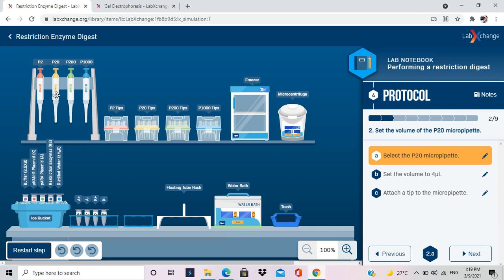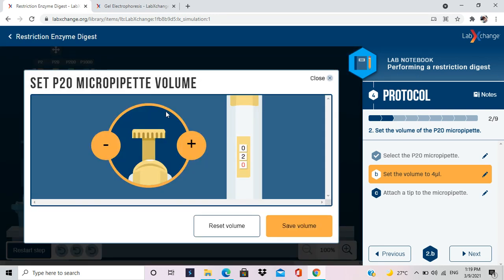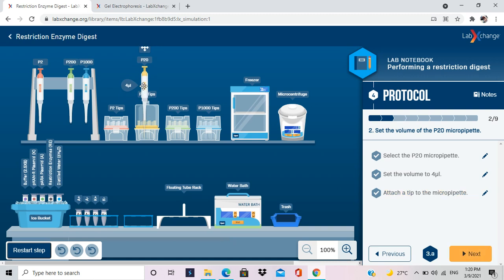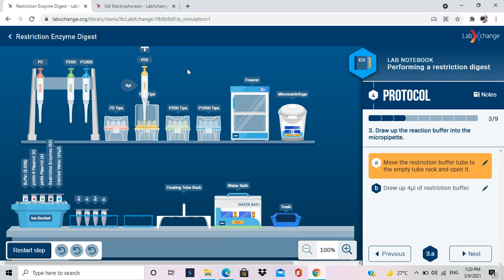I take the P20 micropipette and set the volume to 4 microliters, and then I open the P20 tip box to extract the tip and close it.